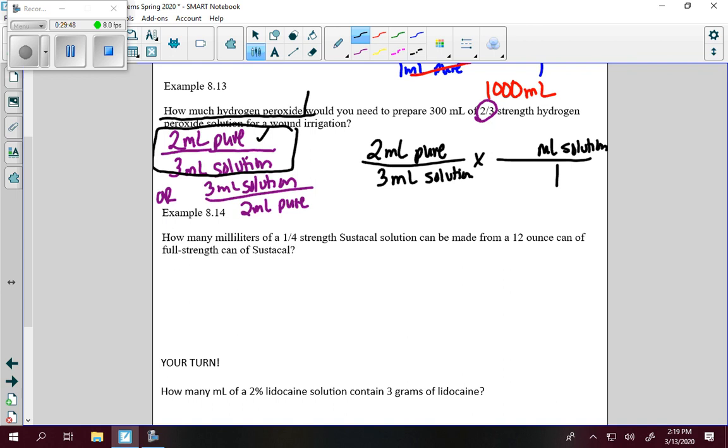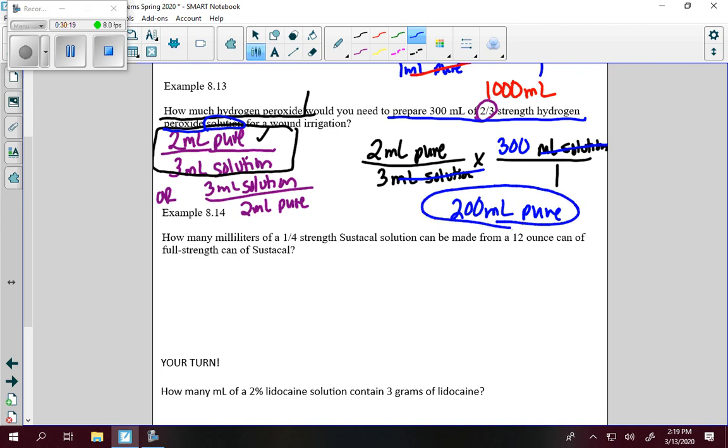The third step is I'm going to find out what they give me, and it says I'm going to prepare 300 milliliter of the hydrogen peroxide, and the word solution is there, so I know that the 300 is a solution, and I can cancel that by using dimensional analysis. So I have now 2 times 300 divided by 3 would be 200 milliliter pure hydrogen peroxide.